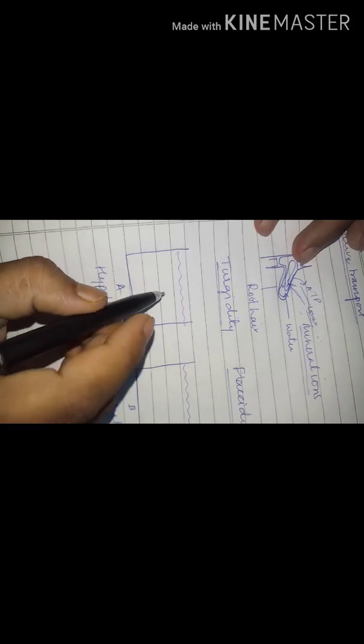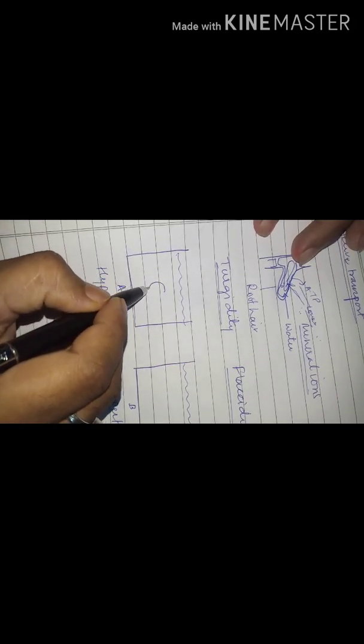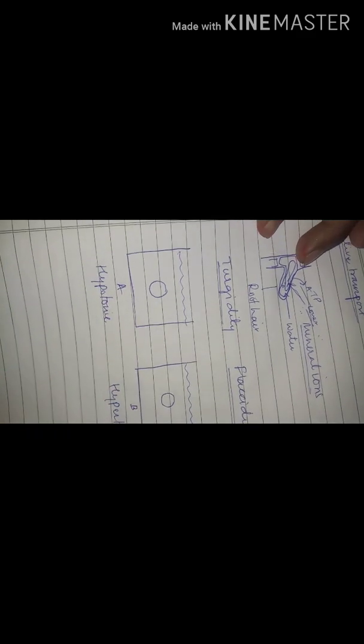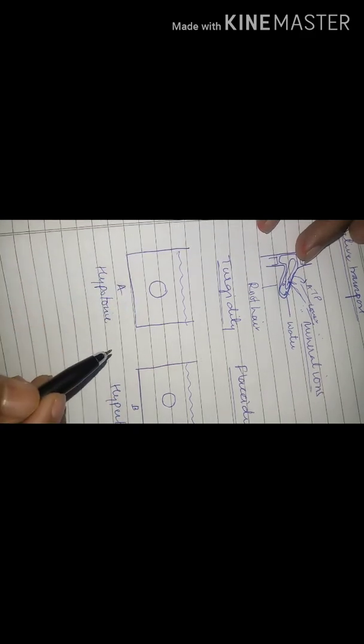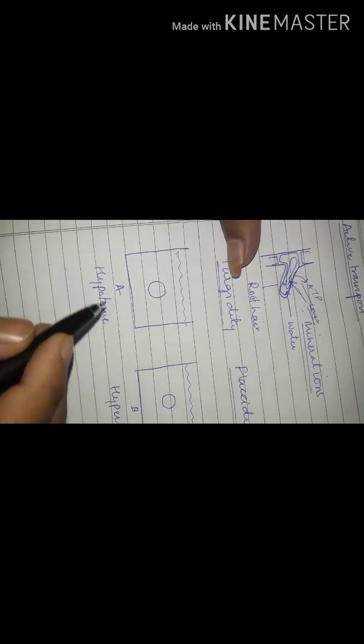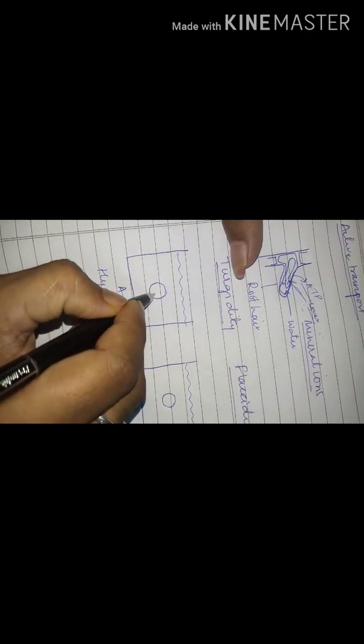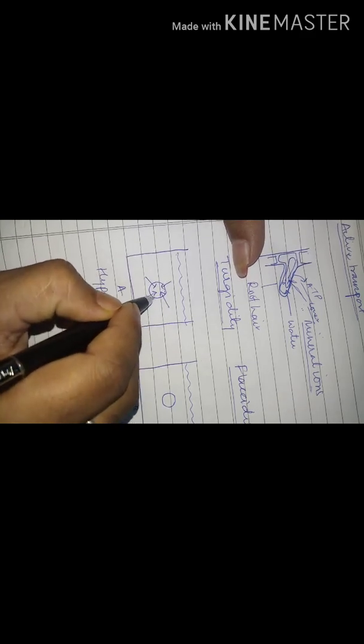Now place a living cell in both the beakers. What will happen? When we place a living plant or animal cell in the hypotonic solution, endosmosis occurs and the cell will bulge.